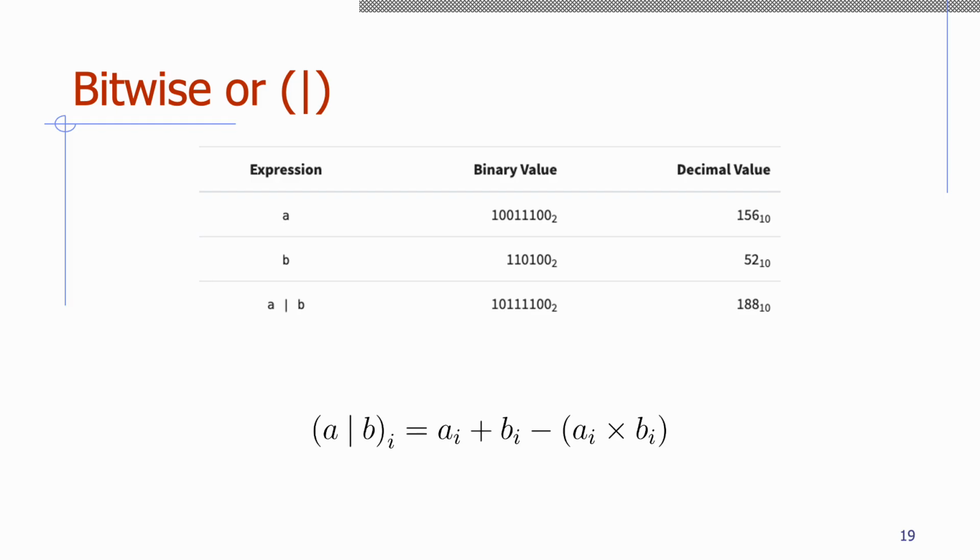The arithmetic behind it is a combination of a sum and a product of the bit values. To calculate the bitwise OR of numbers A and B, we need to apply this formula here to their bits at every index I.